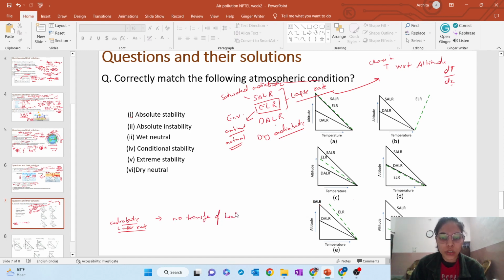Let's say this is the air parcel and this is the surrounding air. The temperature of this air parcel is 10 and the temperature of the surrounding air is 8. If this is not adiabatic, what will happen? The air will try to stabilize itself.